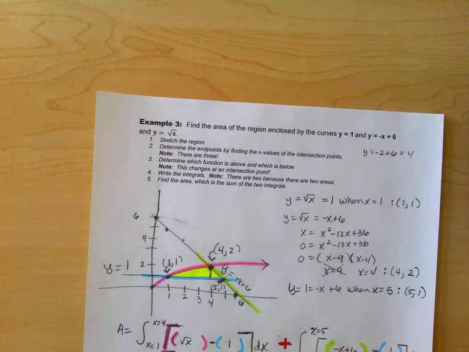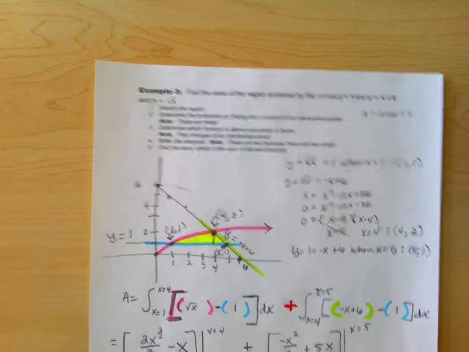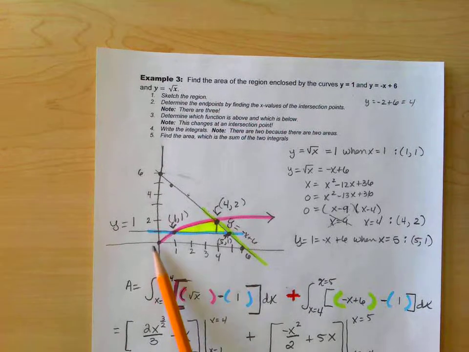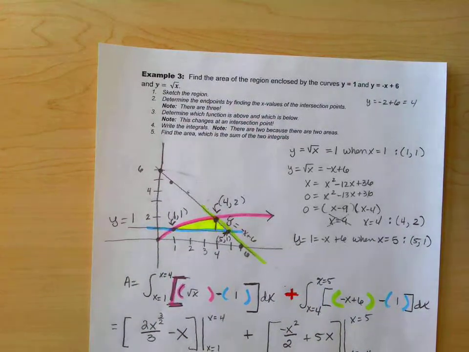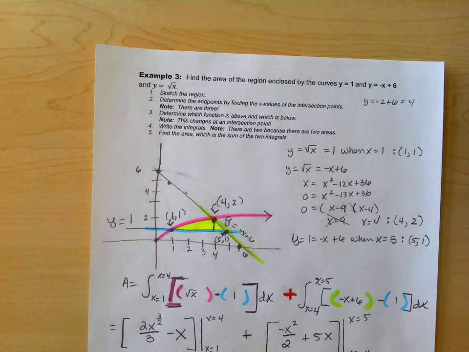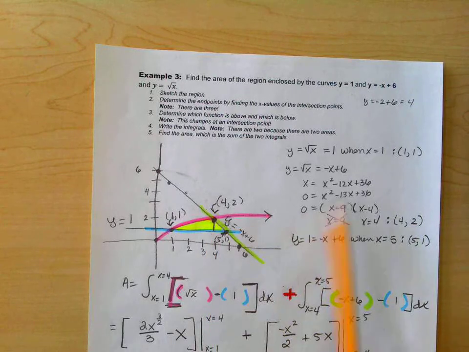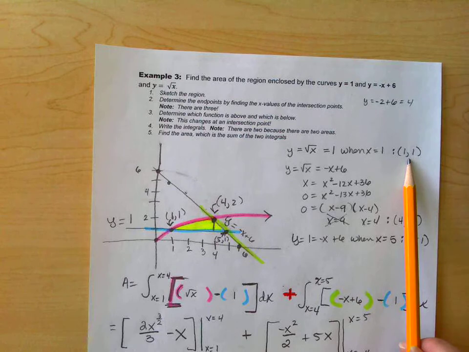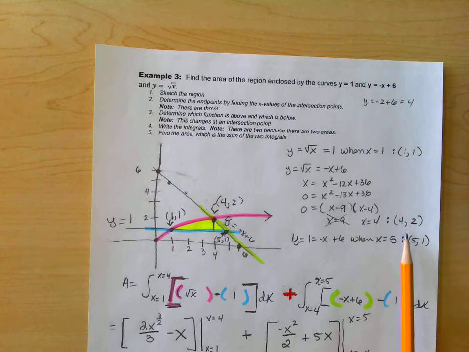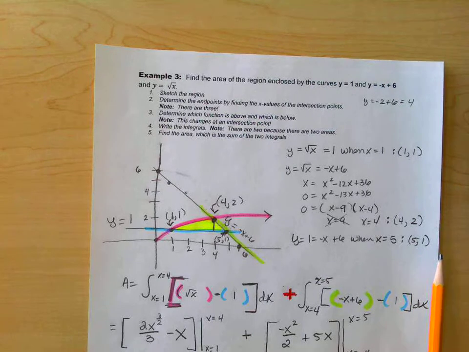We're going to start by graphing the region, sketching the radical and the two lines, the green line, the blue line, and the pink curve, and finding where they intersect to determine those endpoints of where we're going to integrate. When I did that work, I found that the endpoints were at x equals 1, y equals 1, x equals 4, y equals 2, and x equals 5, y equals 1.